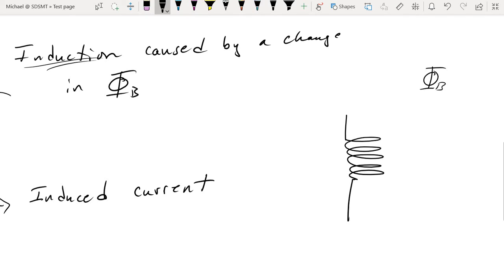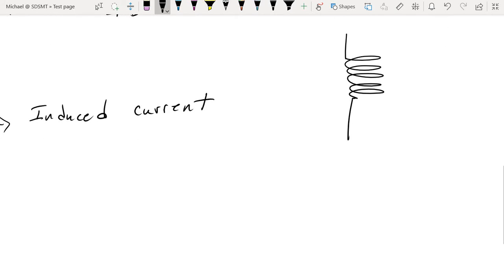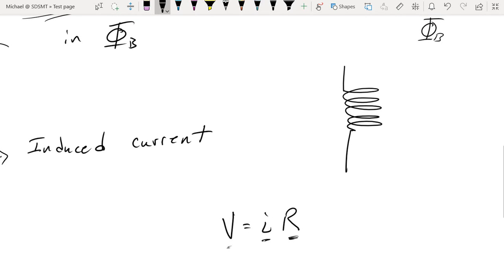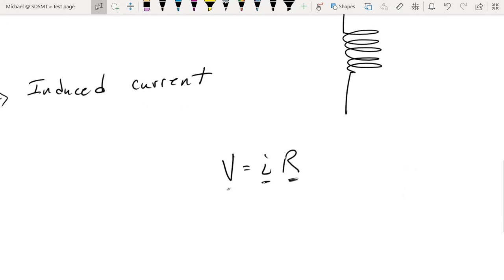In that case, there will be some current generated within this coil, and it doesn't have to be connected to a battery or any kind of EMF source, which is kind of weird because anytime we've talked about current, like with Ohm's law, we said that there had to be some kind of electric potential to provide the current that passes through the material. And there will be a resistance associated with the wire that we're using to make this coil.